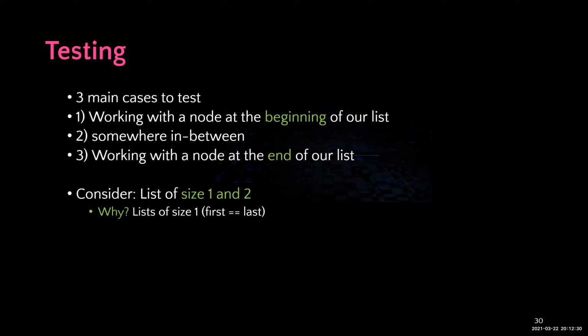So consider edge cases, like calling insert at the beginning or erase at the end. Consider lists of size 1 and 2. Size 1 because first and last are the same, and size 2 because first and last are the only two nodes in our list. Those are pretty important cases to test.